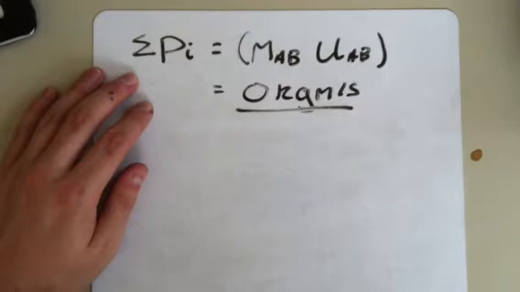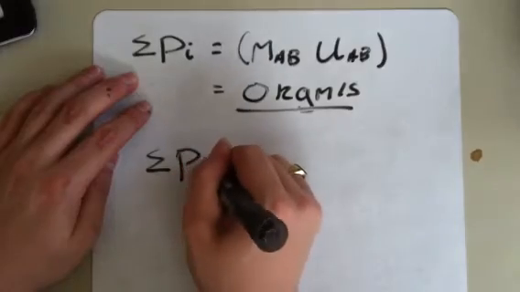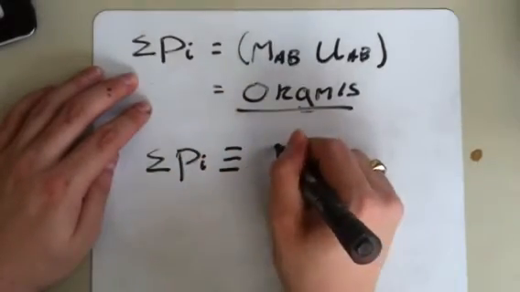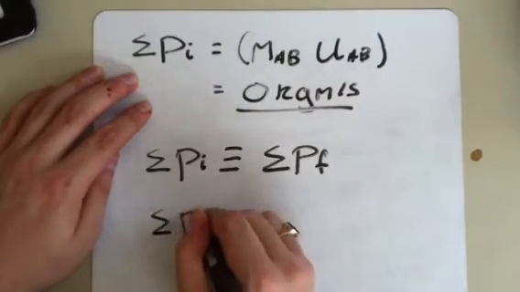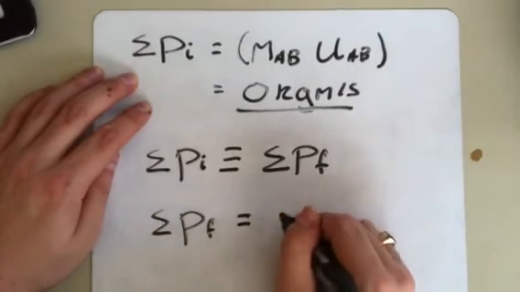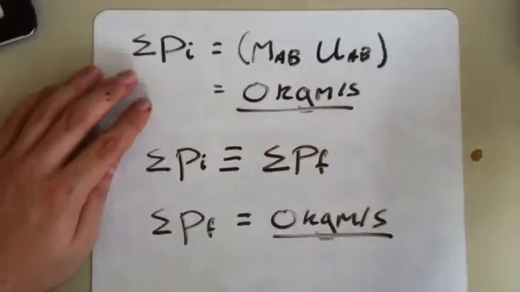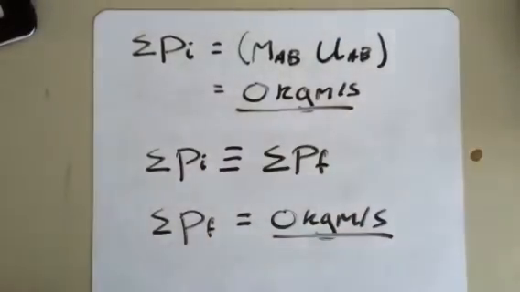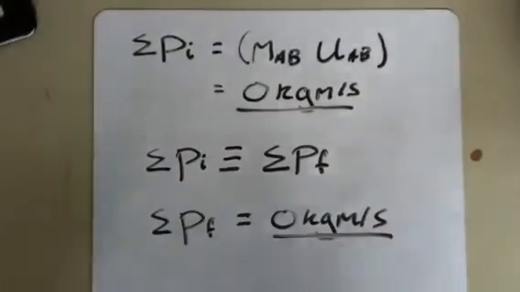If we continue with that, we also must remember the conservation of momentum, that the sum of the initial momentum always equals the sum final momentum. Therefore, the sum final momentum also equals 0 kilogram meters per second. Again, completely expected. Now, again, I will have to remove my working.